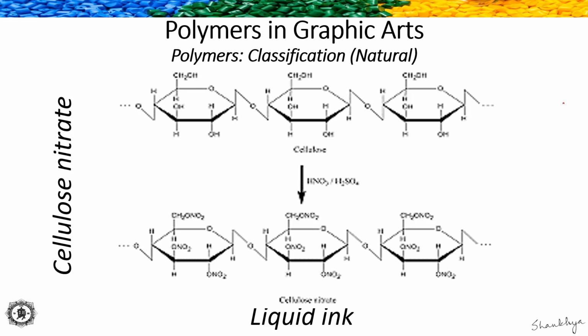Nitrocellulose is a very important component in the preparation of lacquer based liquid inks. It is one of the primary components, a type of resin. This is another example where cellulose, a naturally occurring polymer, has been modified using synthetic methods to create a synthetic polymer, which is used in the preparation of resin in the printing industry. Nitrocellulose is especially used in the liquid ink industry.